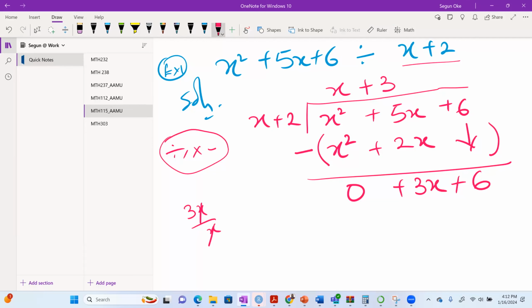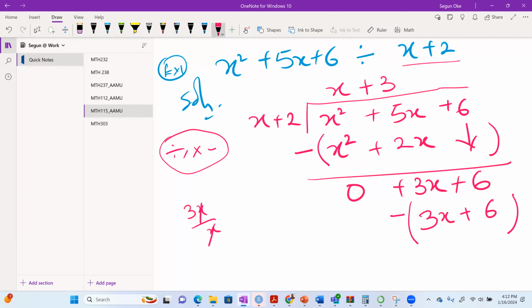So if it is plus 3, remember, you have to create this. It simply means that 3 multiplied by x again, you have 3x. Then 3 multiplied by 2, you have plus 6. Then we can close this.